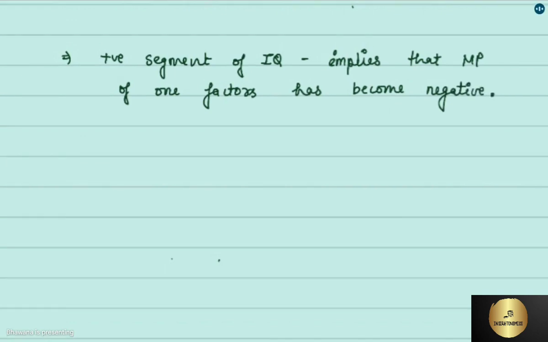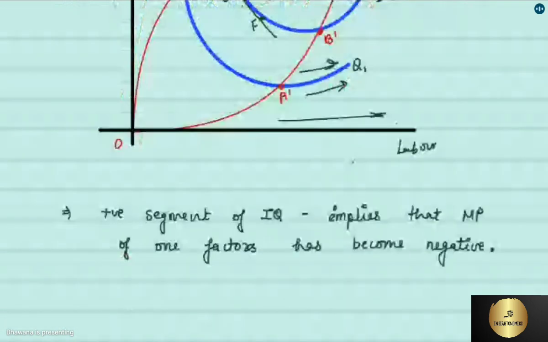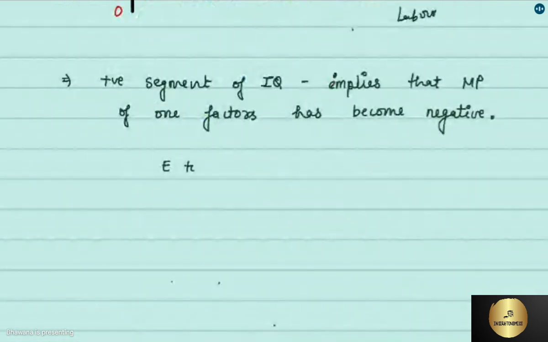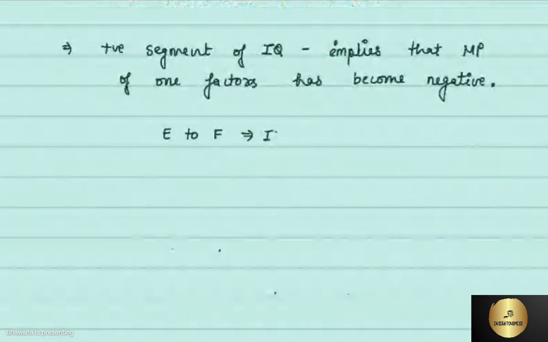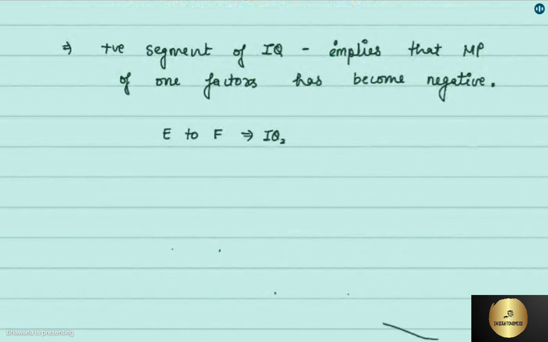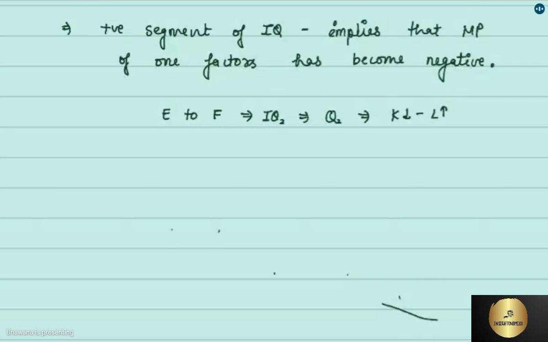Okay, that means if you move from E to F along an isoquant Q2, your level of production is Q2. But as you move from E to F, your capital is decreasing and labor is increasing, to produce the Q2 level of output.